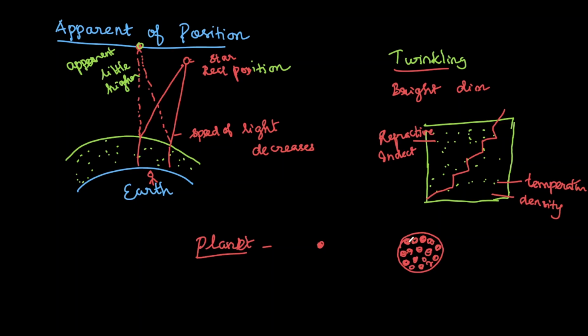Some will be bright, some will be dim, but as the size is larger, as a whole it looks brighter. So there is no twinkling effect for a planet. Planets show only bright light. It is not twinkling.